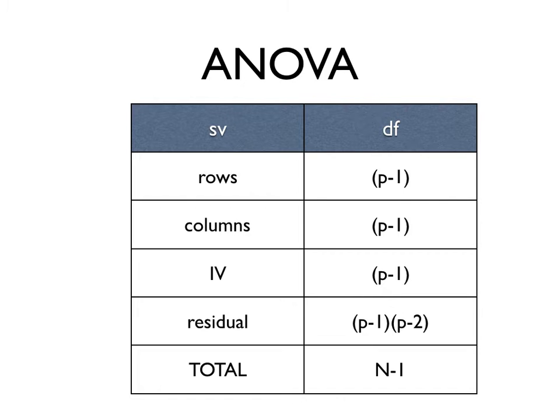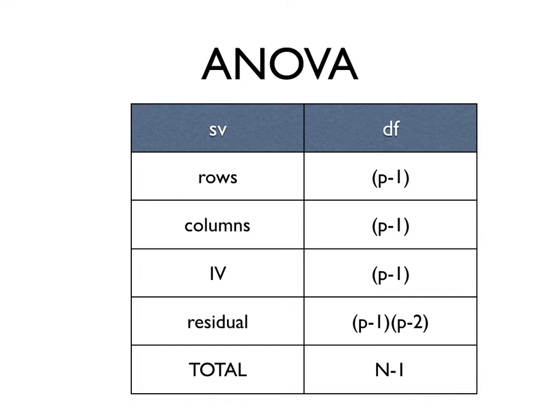So in our case, you got 3, 3, and 3, so that's 9, and then 6, right? Because 4 minus 1, 4 minus 2, right? 3 and 3 and 3 and 6 is 15. And there's 16 observations. Nailed it.